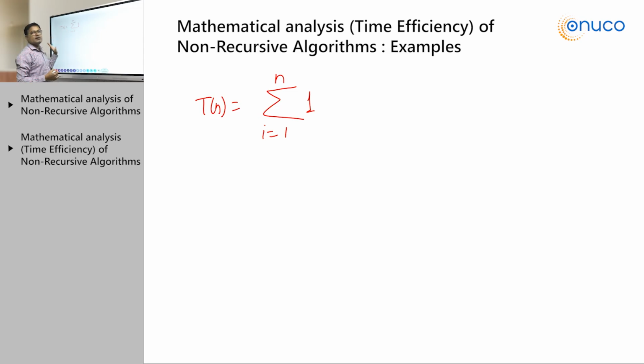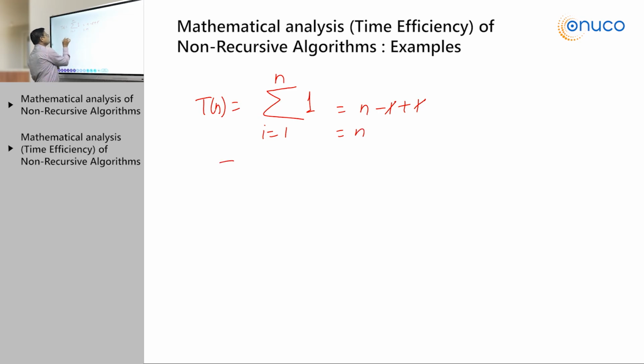Now how are you going to simplify it? The fifth step is to simplify this by using well-known formulas or procedures. We are going to simplify it like upper limit minus lower limit plus 1. So upper limit is n, minus lower limit is 1, and plus 1 for whatever the value is in the basic operation. So this 1 and this minus 1 got cancelled, and finally we are getting n.